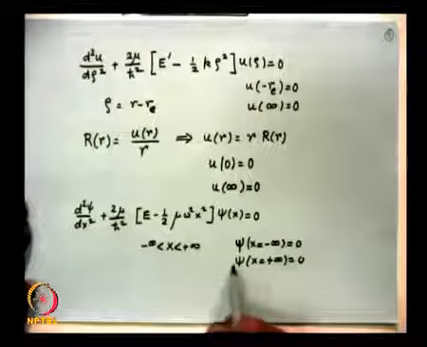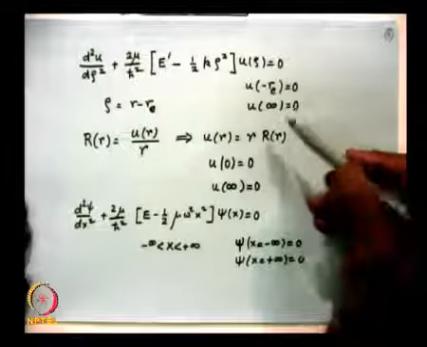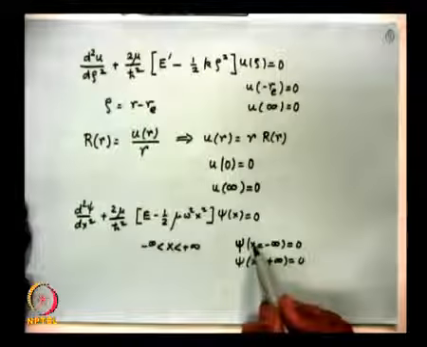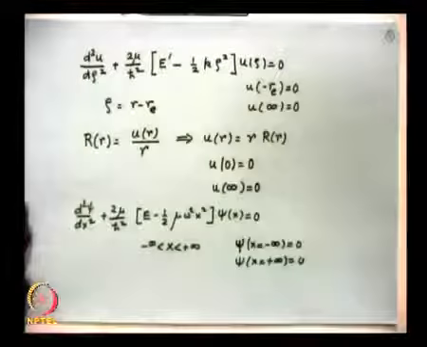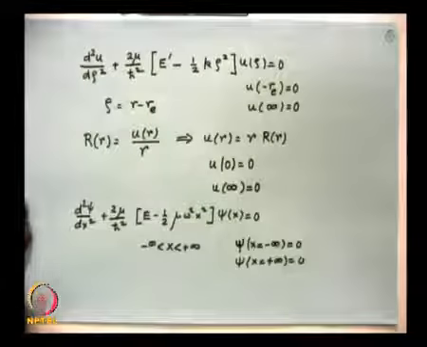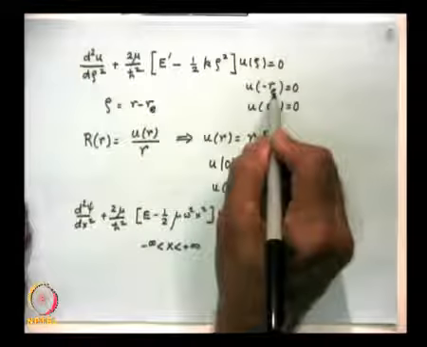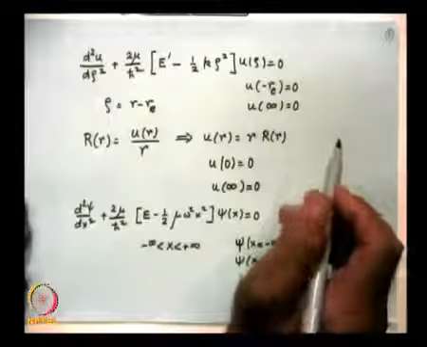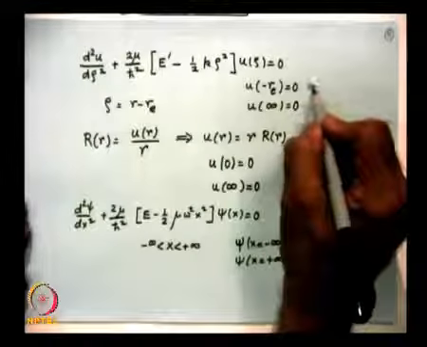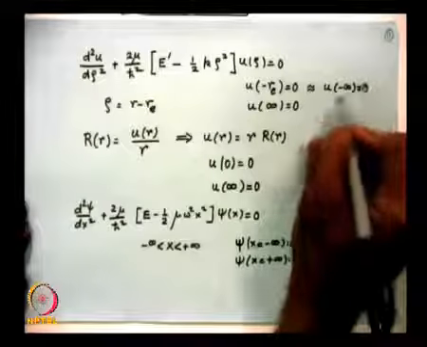Here u of plus infinity is 0, but the other boundary is not at rho equal to minus infinity, but rho equal to minus r e. But since the values of rho for which the vibrations occur are much smaller than r e, this is approximately equivalent to u of minus infinity equal to 0.